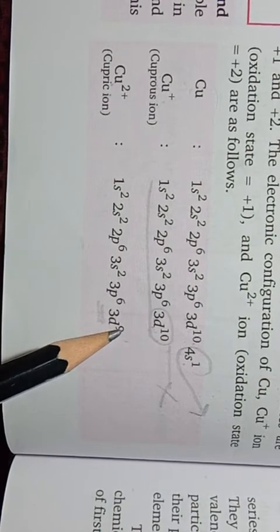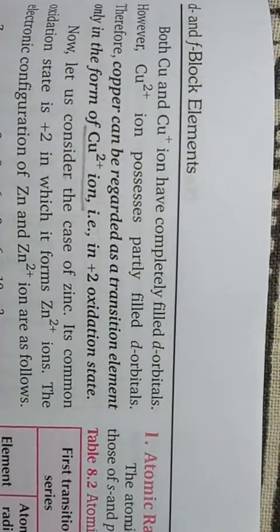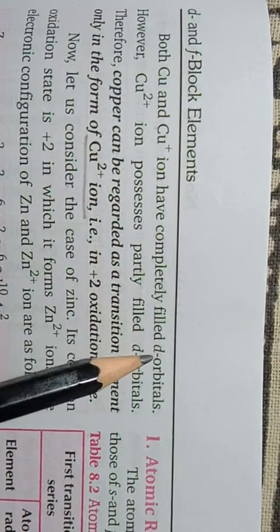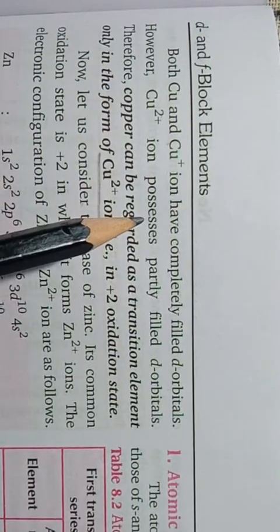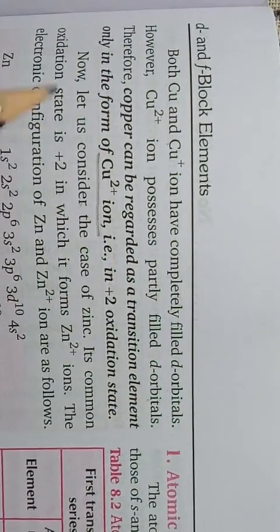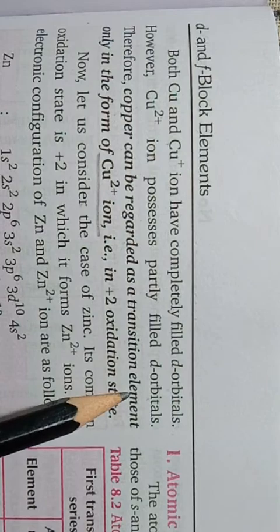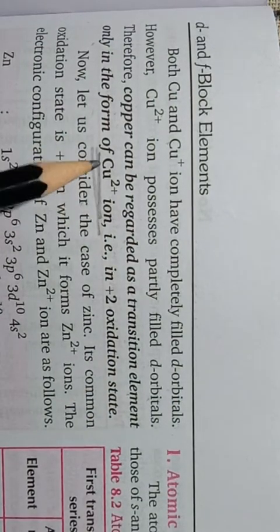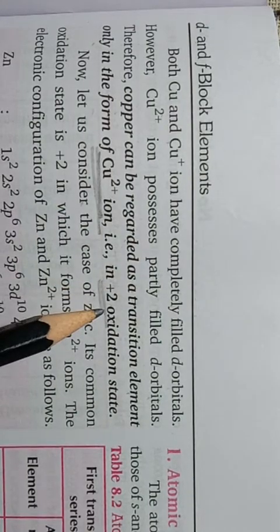Okay students, so both copper and copper ion have completely filled d orbitals. However, copper 2 ion possesses partially filled d orbitals. Therefore, copper can be regarded as a transition element only in the form of Cu2+ ion, that is in plus 2 oxidation state.